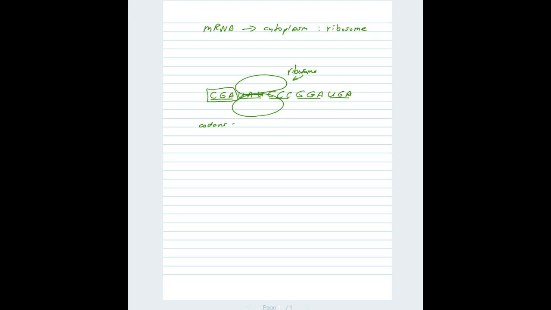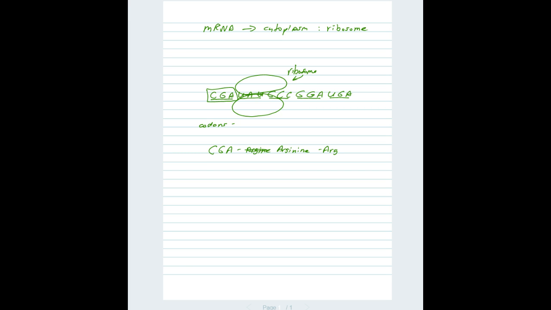CGA is actually an encoded language for the amino acid arginine. If I look up CGA on this genetic code chart in your textbook, I will find that it stands for an amino acid called arginine, which we abbreviate with 3 letters, ARG.